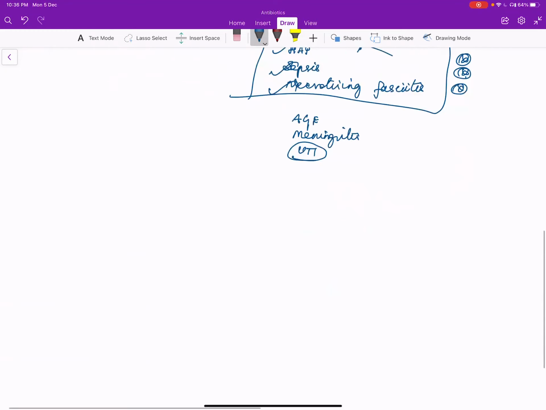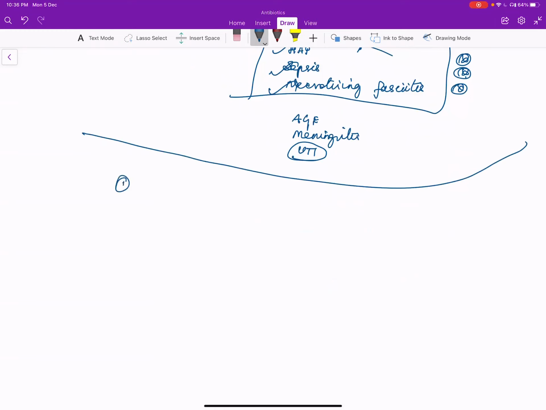So why we should know about all these terms is only to practice a particular entity called AMSP, antimicrobial stewardship program. I'll touch upon this later in the discussion.